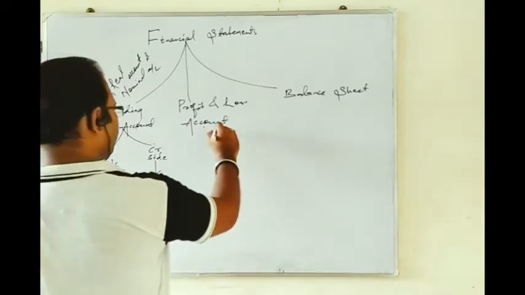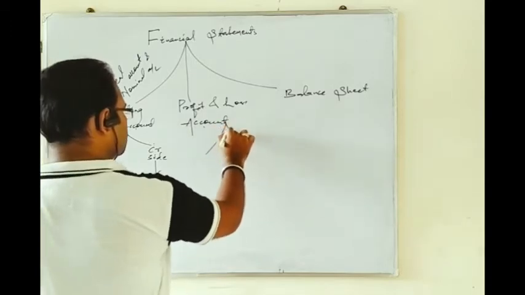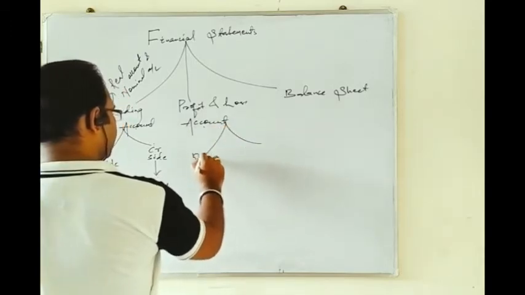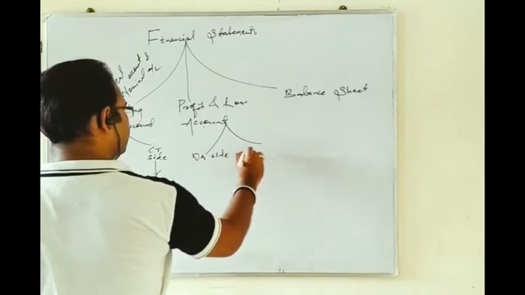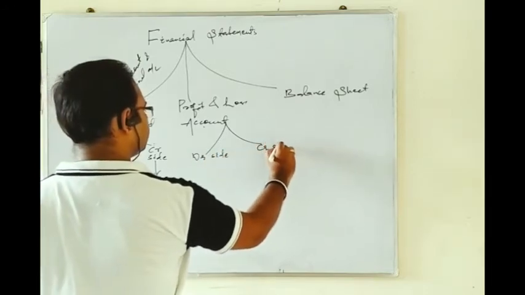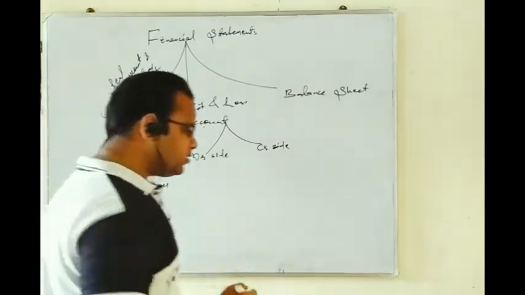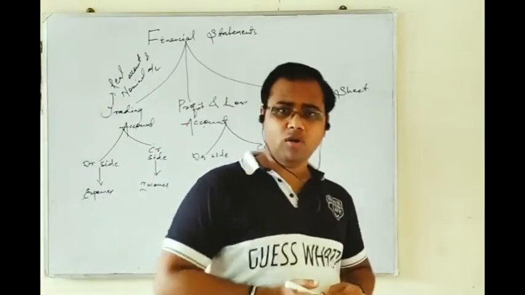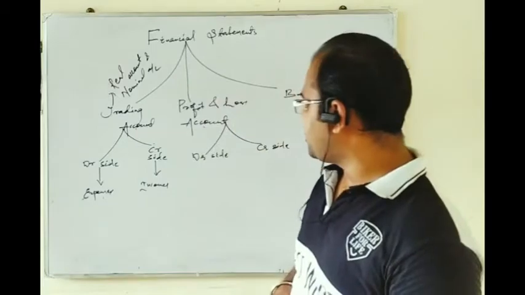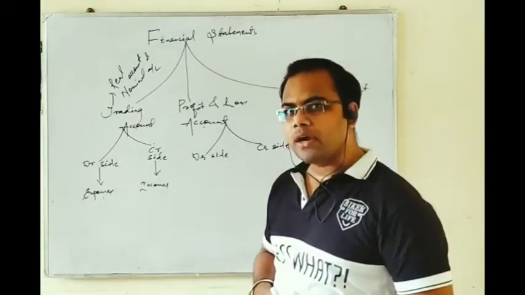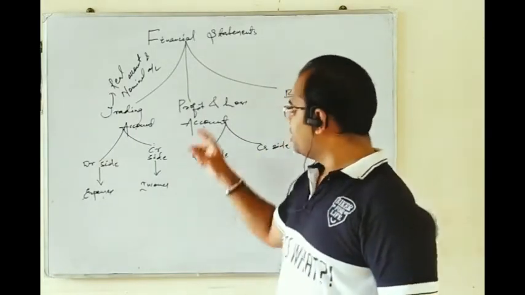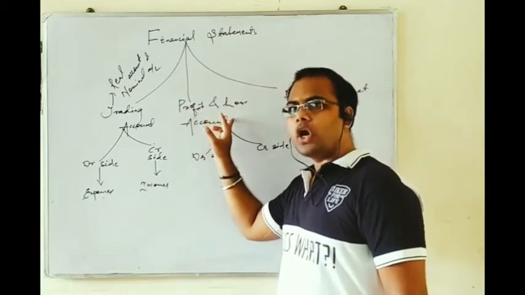Again, profit and loss account also has two sides, that is debit side and credit side. Okay, and again, since it is a ledger account, obviously it must also have a type of account. So what type of account is profit and loss account? You can know very easily. Why? See, what is the name? Profit, loss.